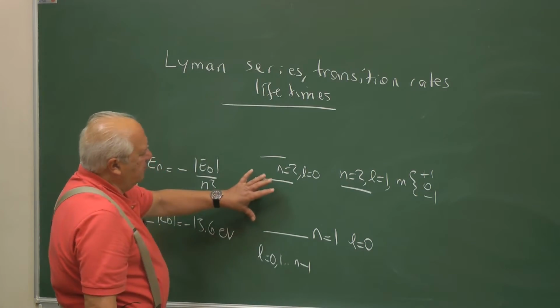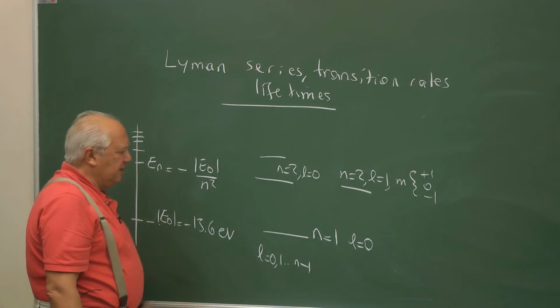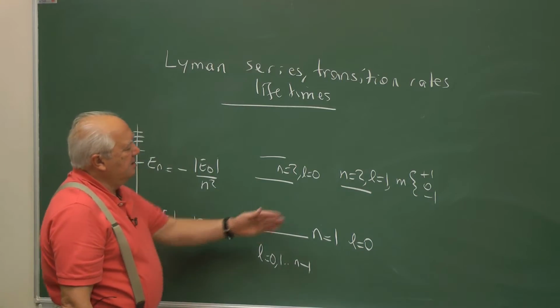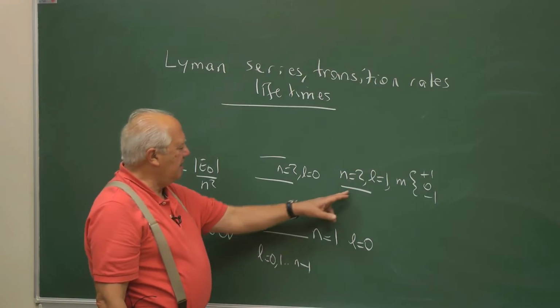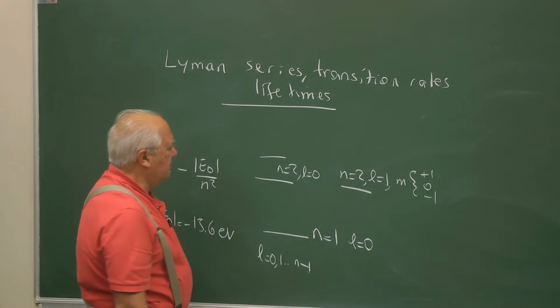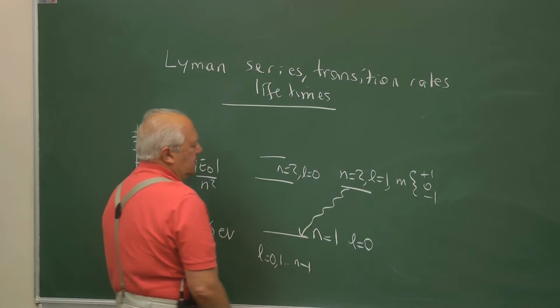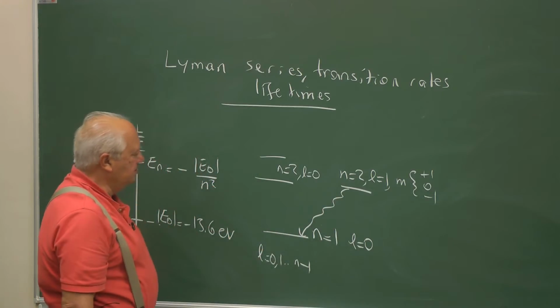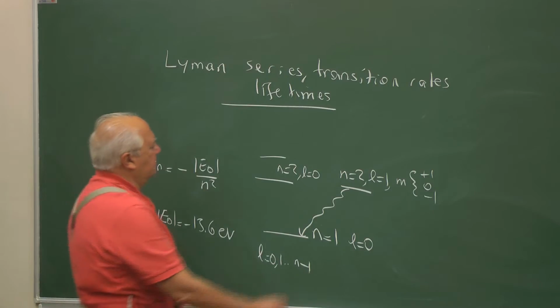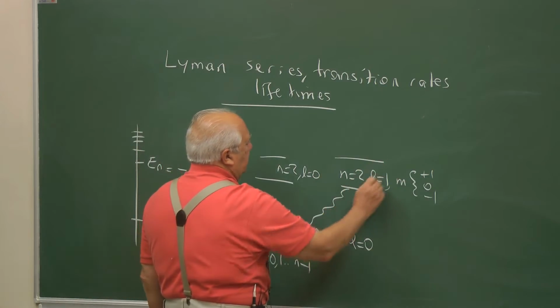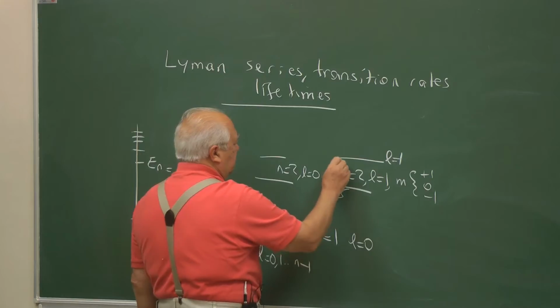So these states, when excited, some of them, not all of them, emit a photon, and the atom goes back to its ground state. So this will be, for example, one mode of de-excitation. And there will be other states with L equals 1. We shall discuss that.